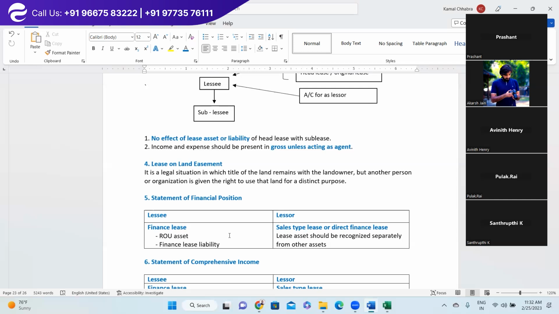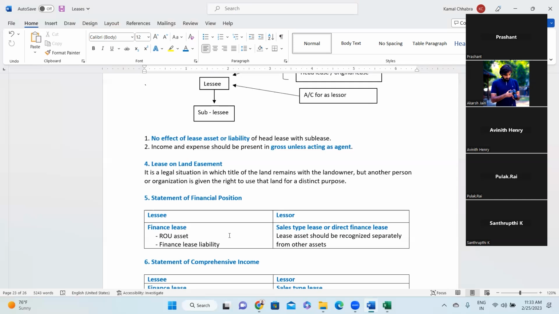You have taken the bigger space on lease. Now you have the right to use that asset according to the lease arrangement. Hence, when you are giving it on sublease, you are not working as an agent. So you need to record revenue on a gross basis as well as the expenses on a gross basis. Make sense?